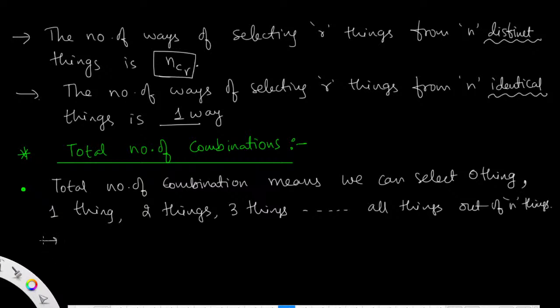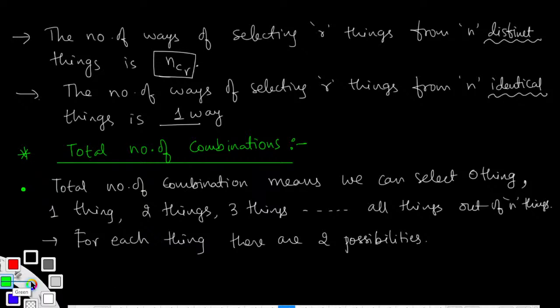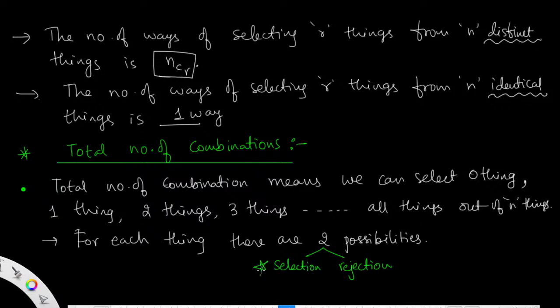For each thing there are two possibilities. What are these two possibilities? Selection or rejection.